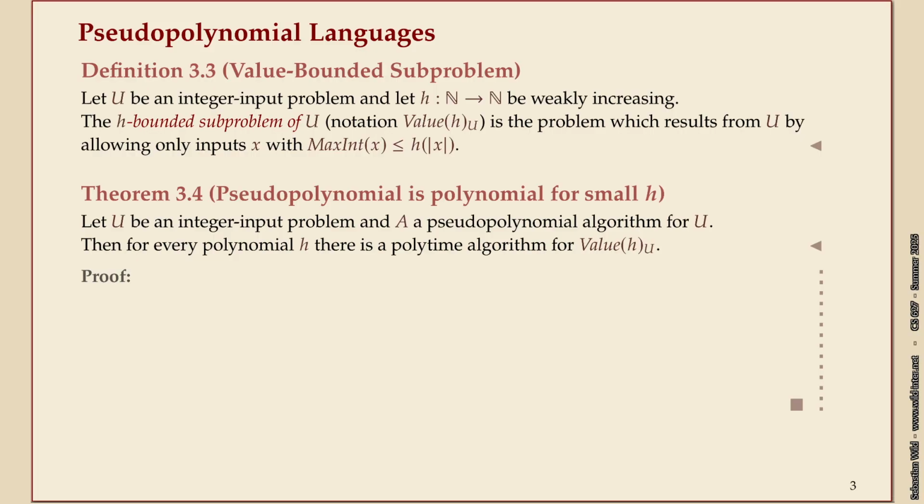And then we can have this little theorem. We have an integer input problem, and we have a pseudo-polynomial algorithm for this problem. Assume that exists. Then indeed, for every polynomial h, if we restrict this problem to only max int smaller than h, there's a polynomial time algorithm for this subproblem.